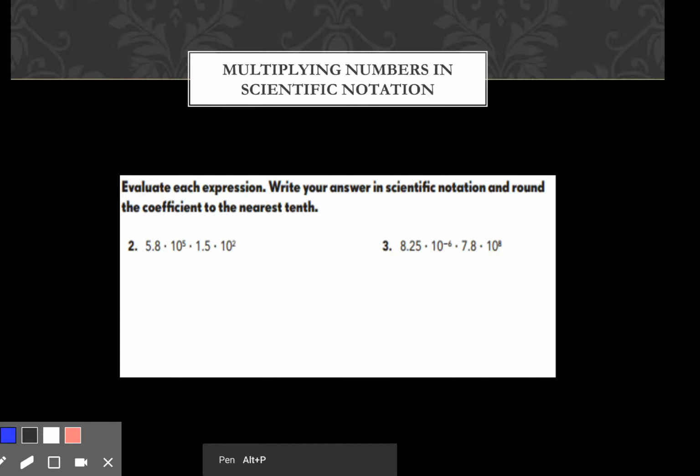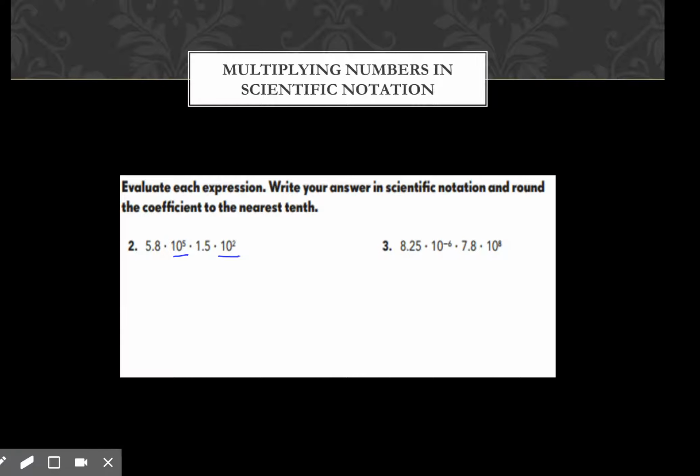So let's try these examples here. We have 5.8 times 10 to the 5th times 1.5 times 10 squared. It doesn't matter that we have different exponents, not at all. So I'm just going to regroup so that my coefficients are together and my exponents.